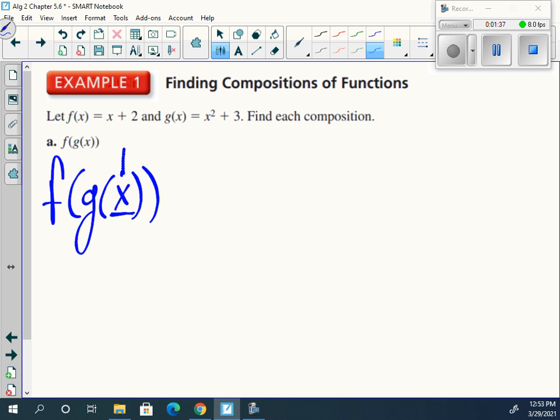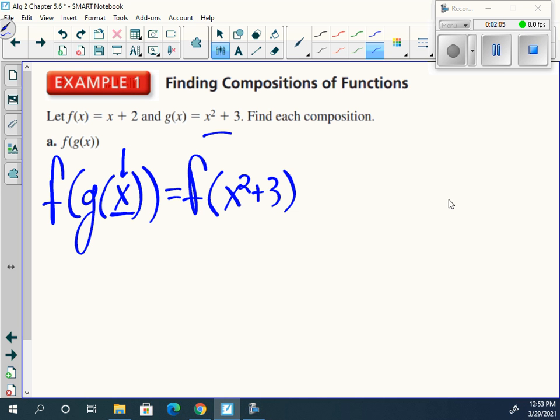The first thing we're going to do is take x and plug it into g of x. If I plug x into g of x, what am I going to get? That's going to be x squared plus 3.